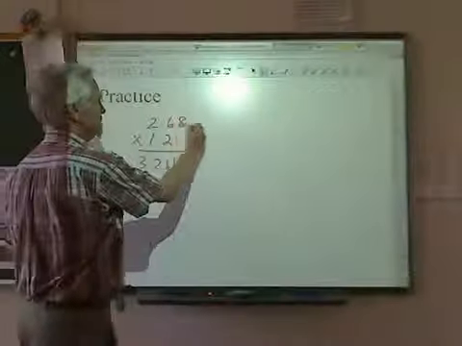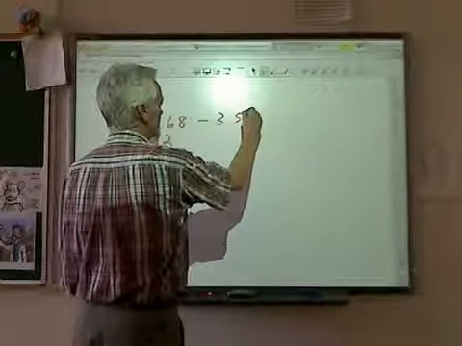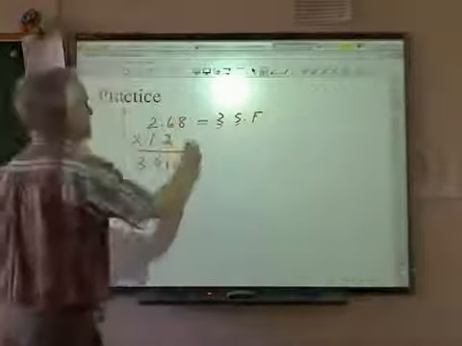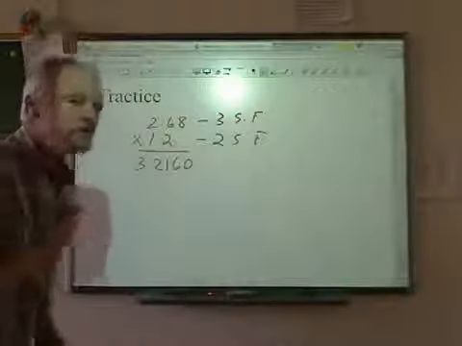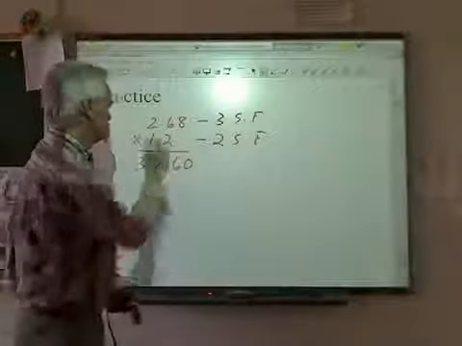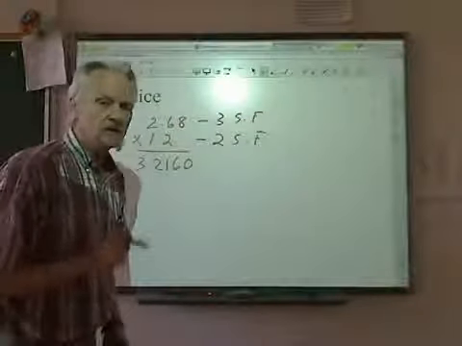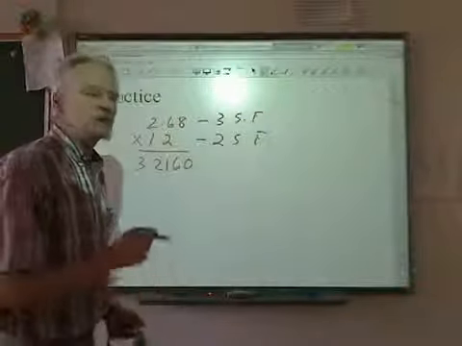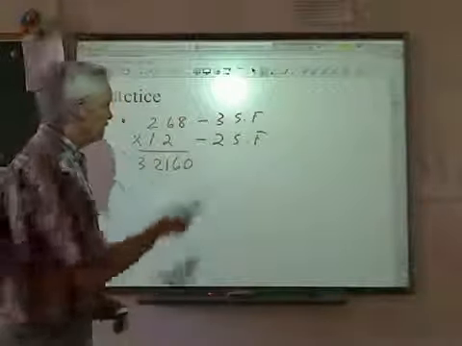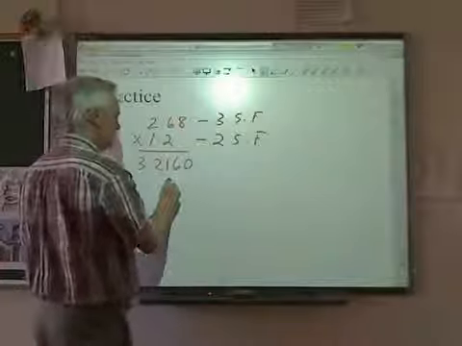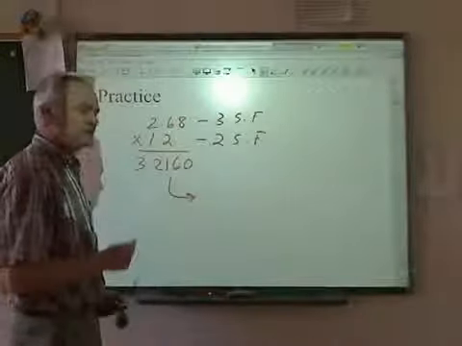But notice that this number has 3 significant figures, and this number has 2 significant figures. And we are limited to the number that has the fewest. This measurement here with only 2 significant figures limits the precision of our answer, and so we have to take this number here and round to our 2 significant figures.